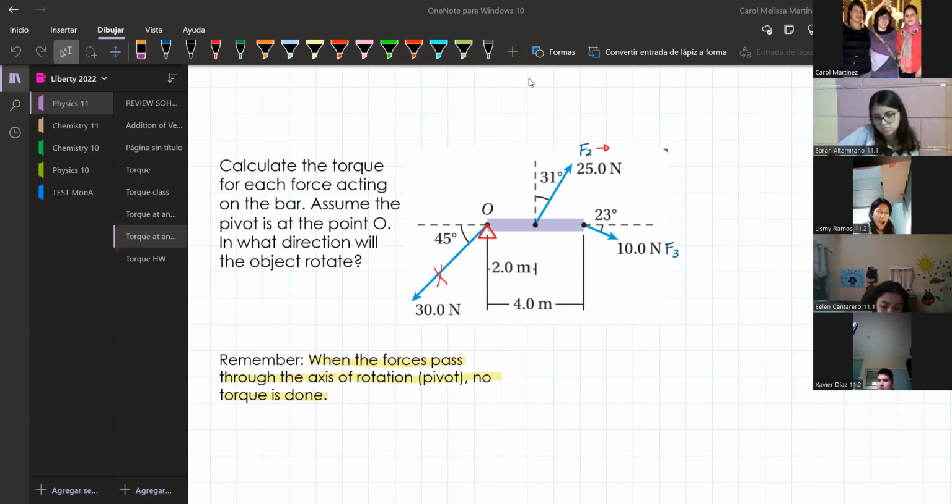Vertical. Okay, I have a vertical angle. So that's going to define many things. Let's see the components. I'm going to have a vertical component and a horizontal component.